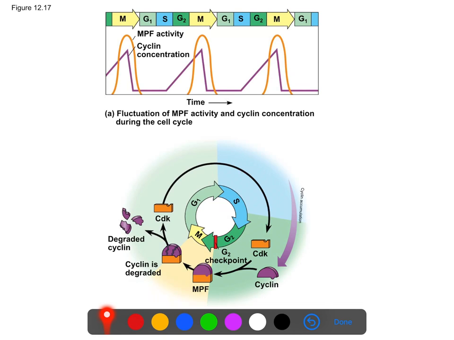When you pass the G1 checkpoint, you begin to accumulate cyclin. You get more and more of it. The cyclin binds to the CDK, and those two things together make MPF. And when you've got enough of this MPF, you pass the G2 checkpoint into mitosis, and then in mitosis, you degrade the cyclin, and the process starts over.